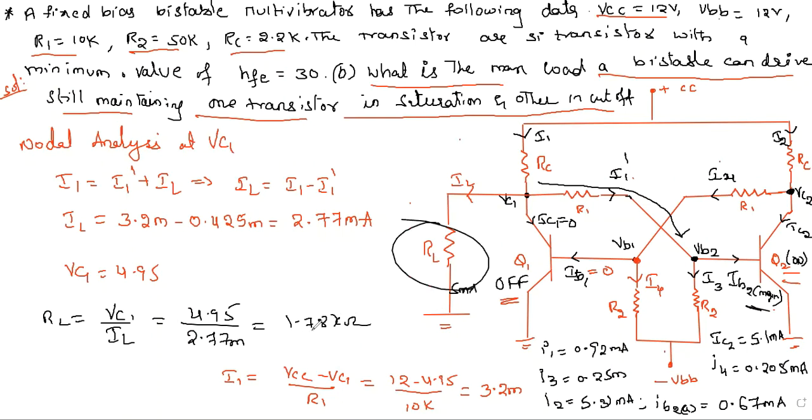The value of RL is now 1.78 kilo ohms. So this is the way to calculate the value of this load. The concept is that the actual current flowing is 0.715, but the required current, IB2 minimum, is only 0.175, so the extra current can be utilized to drive this load.